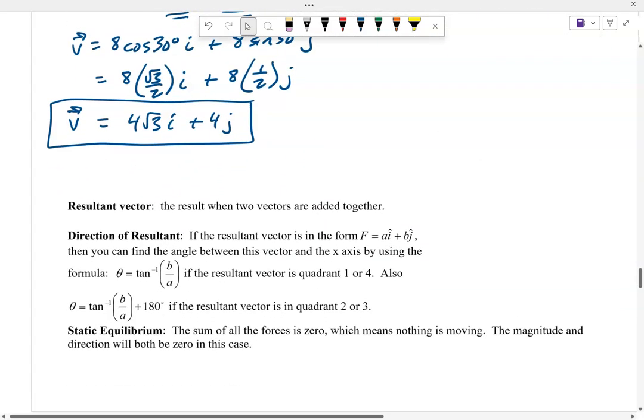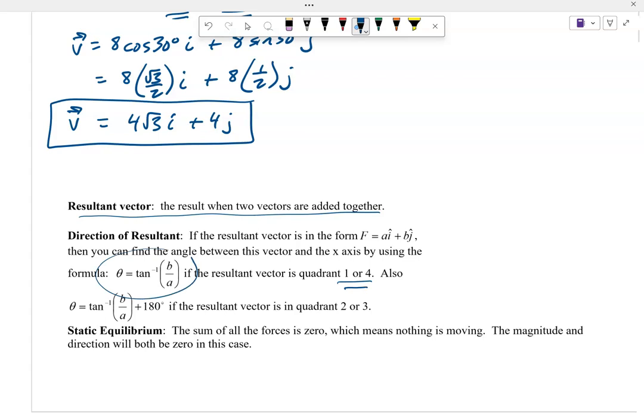Now the resultant vector is just the result when you add the two vectors together. The direction of the resultant vector can be found: you can find theta by taking the arctangent of b over a. If it's in quadrant 1 or 4, you can leave it alone.